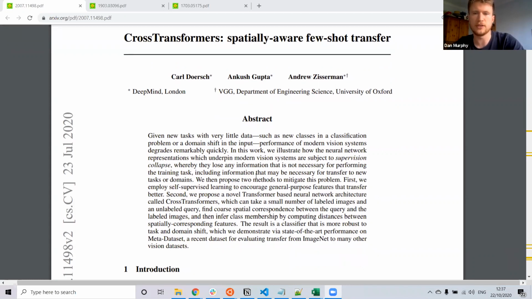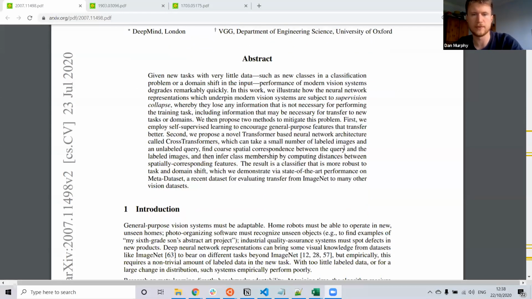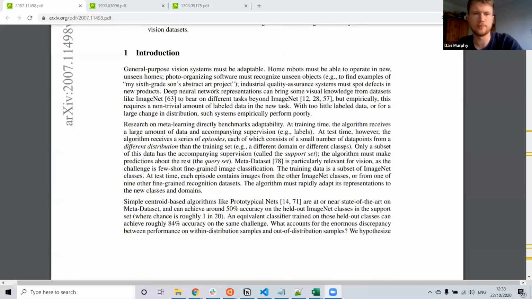They introduced a couple of useful tools, one being a new architecture and one being a new training technique that try to mitigate some of these problems and make a network that generalizes a little better between problems.